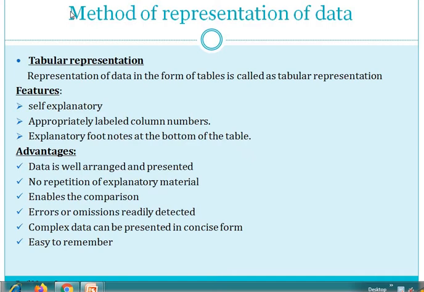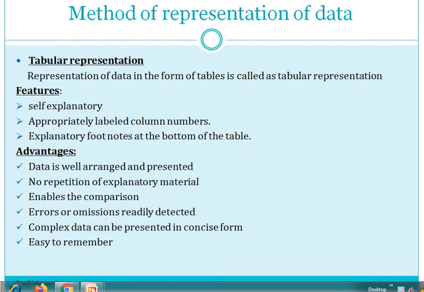So today we will study different methods of representation of data, how the data is represented.